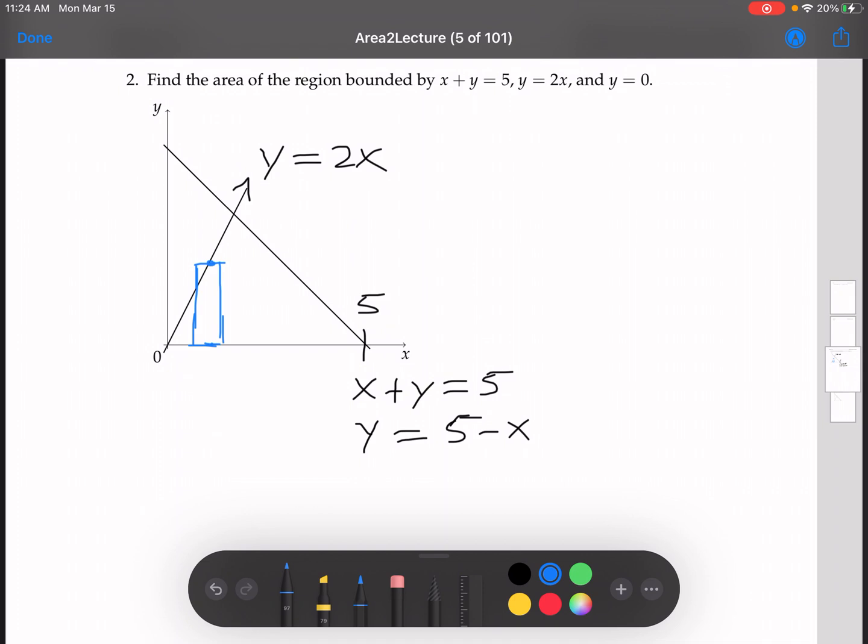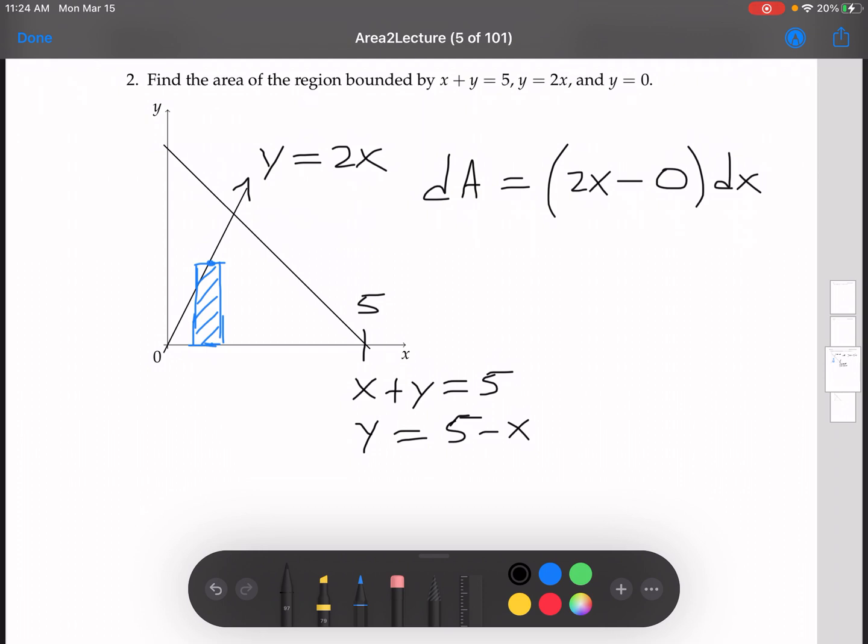Then we'll find the area of this arbitrary rectangle, dA. Top minus bottom: the topmost function is 2x, the bottommost function is 0, y equals 0, and then our width is dx.